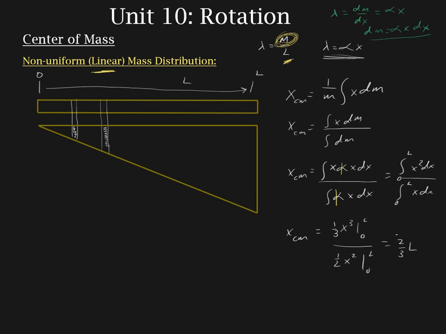So we get 2/3 L, and all that's telling us is that in the x dimension, 2/3 of the way along the length, so we're looking at along this line here, that's not quite 2/3, but close enough, the distance from here to here is 2/3 of the length of the base of our triangle. Okay, so that's all there is to it when trying to find the center of mass for a non-uniform distribution.